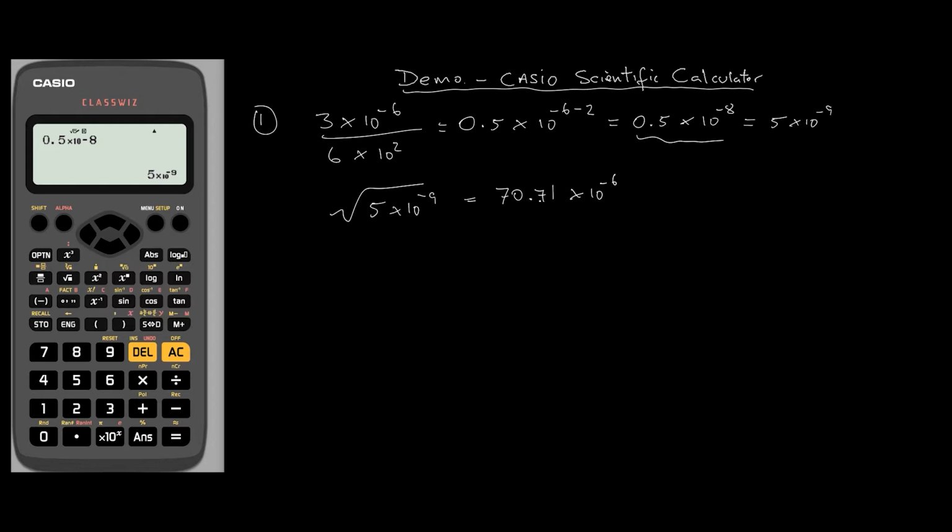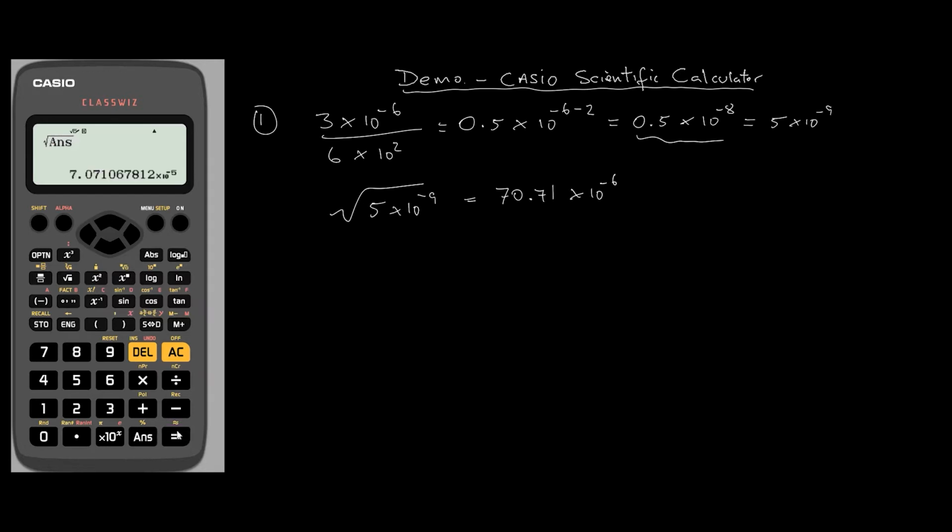If that is the case, all we need to do is go over to the calculator. We hit the square root symbol, and that answer, 5 times 10 to the minus 9, is still on the clipboard, if you want to call it a clipboard. You bring it up by hitting the ans key. So that takes the square root of 5 times 10 to the minus 9.